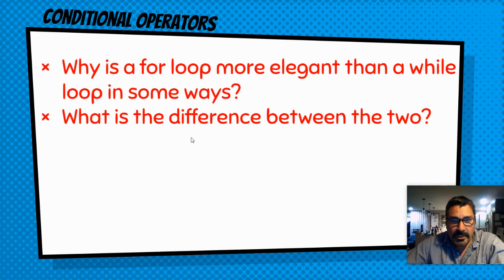You start the while loop on one line of code, and then inside the while loop you have to increment your counter, whereas that's all part of the control structure. It's all right there within the parentheses of the for loop. So it has all the same exact stuff. It's just put in different places.